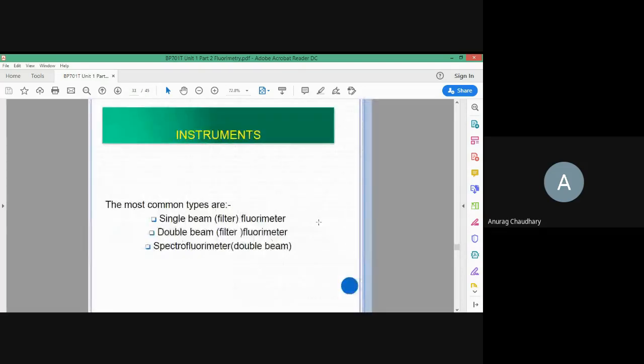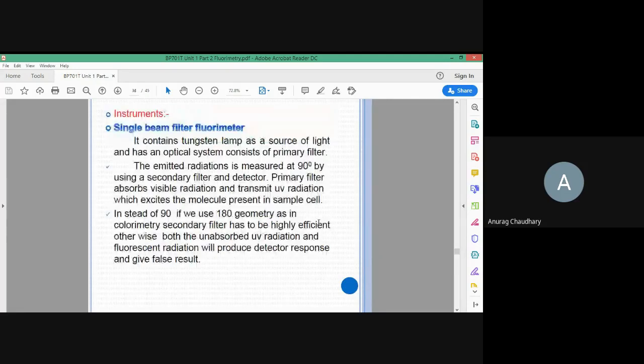Generally, the instruments used in fluorimetry can be divided into three types: single beam fluorimeter, double beam fluorimeter, and spectrofluorimeter. A single beam fluorimeter contains a tungsten lamp as source of light, and it uses a filter as a medium to isolate the radiation.